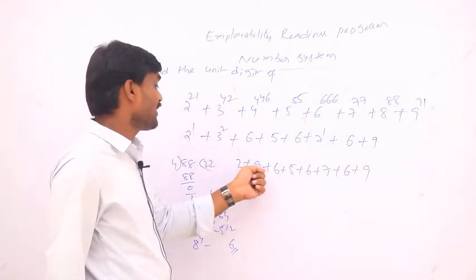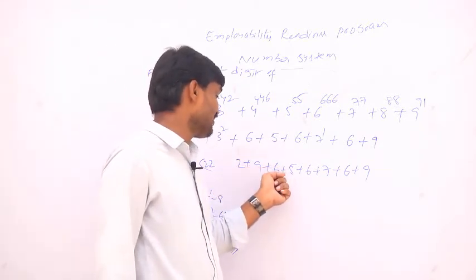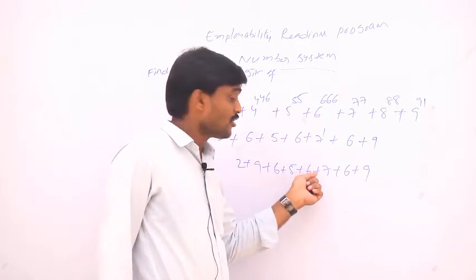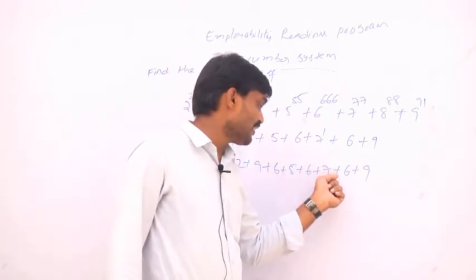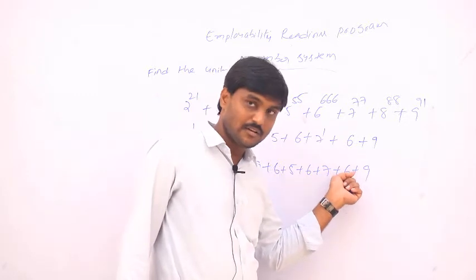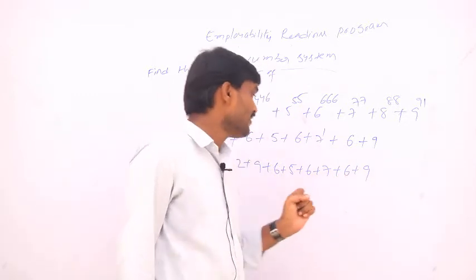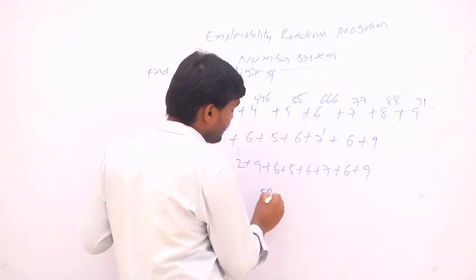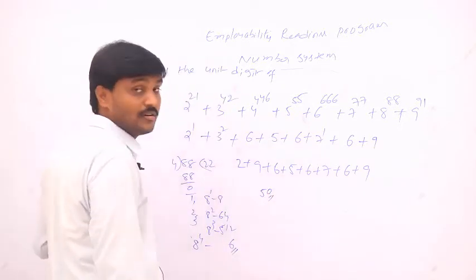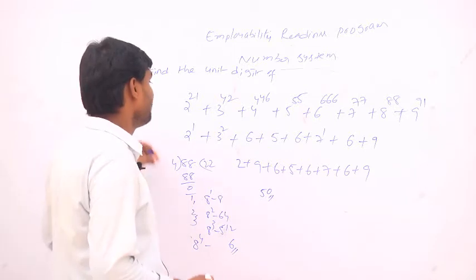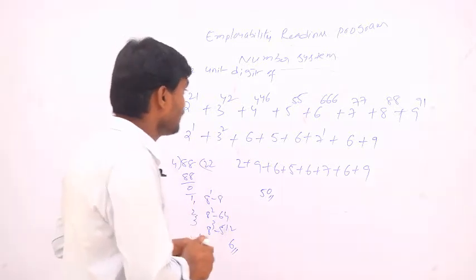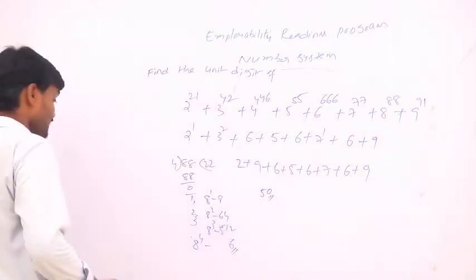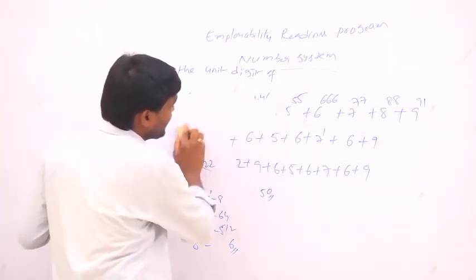That is 2 plus 9, 11. 11 plus 6, 17. 17 plus 5, 22. 22 plus 6, 28. 28 plus 7, 35. 35 plus 6, 41. 41 plus 9, 50. The unit digit is 0. Let's take another example.